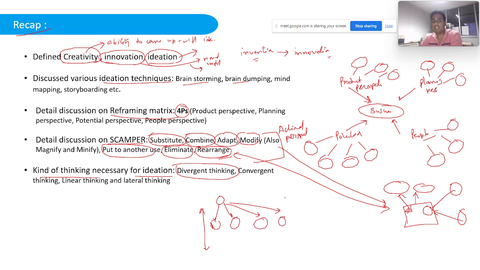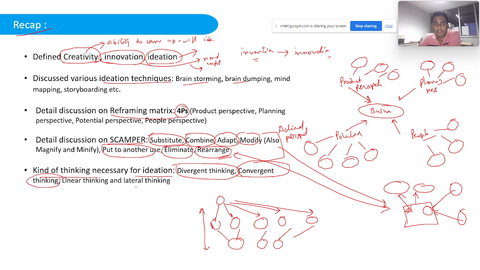This is divergent thinking. Then we discussed how we can achieve divergent thinking. Then we discussed convergent thinking. That means once you have a lot of ideas, you try to analyze those with certain matrices, certain filters, and then try to group them and see which of them are actually useful for you. So that is convergent thinking.